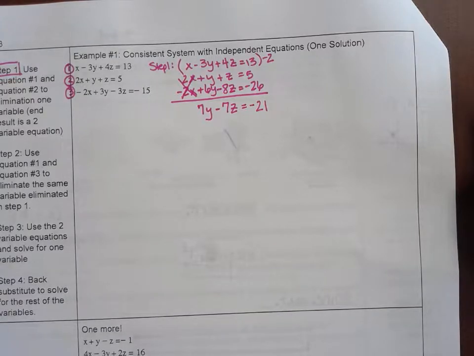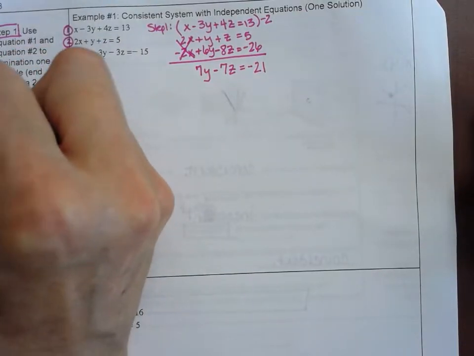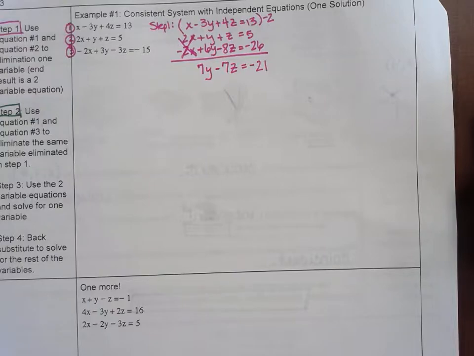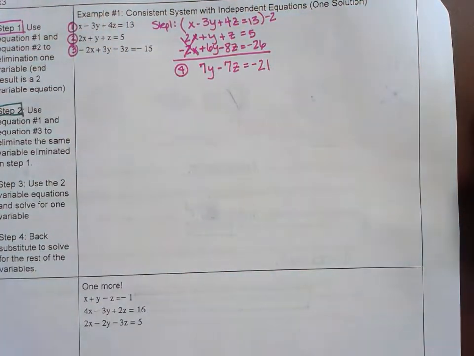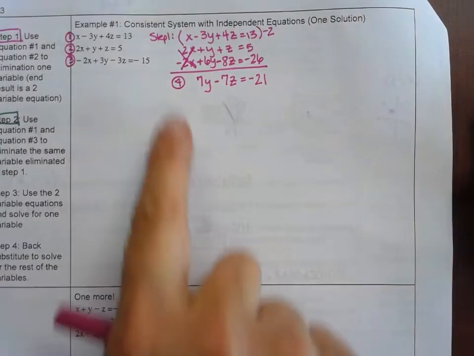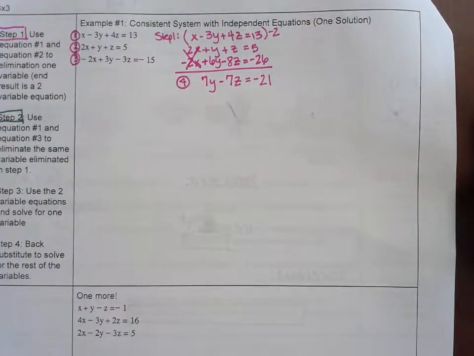All right. Step 2. And actually, before I even move on, I'm going to label this equation because I just created an equation. I'm going to label that equation number 4 because I want to keep myself straight.